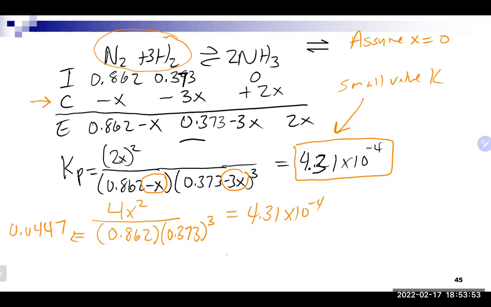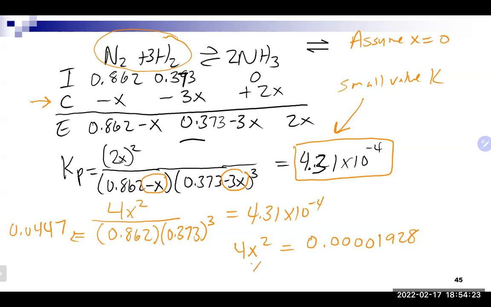And that is going to get us 4x squared is equal to, I believe, 0.00000, that's a lot of zeros there, 4 zeros, there we go, 1928. At this point, we're going to divide by 4 and also take the square root of it.